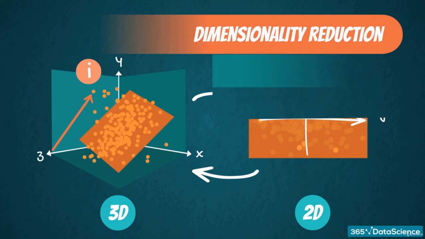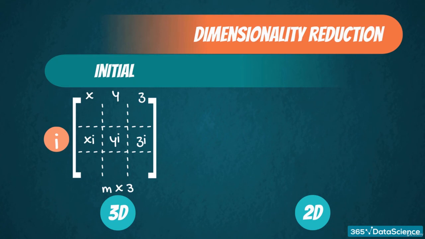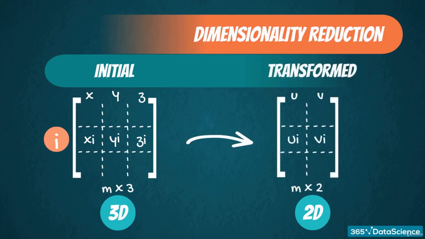Linear algebra provides us with fast and efficient ways to transform our initial matrix from m by 3, where the three variables are x, y, and z, into a new matrix, which is m by 2, where the two variables are u and v. In this way, instead of having three variables, we reduce the problem to two variables. In fact, if you have 50 variables, you can reduce them to 40 or 20 or even 10.